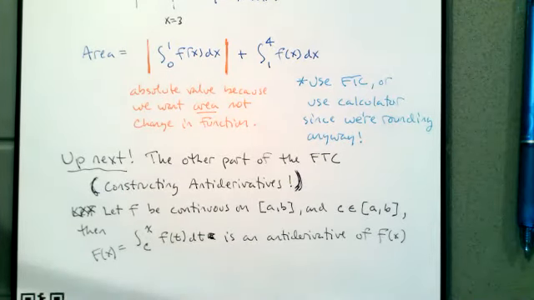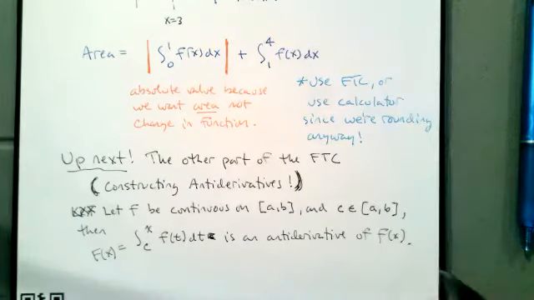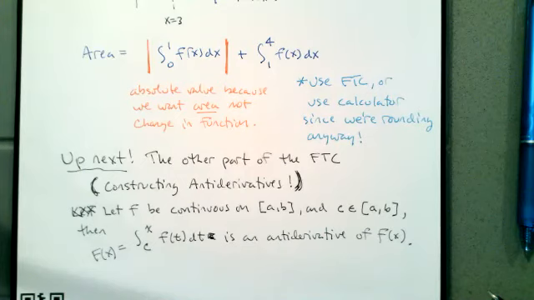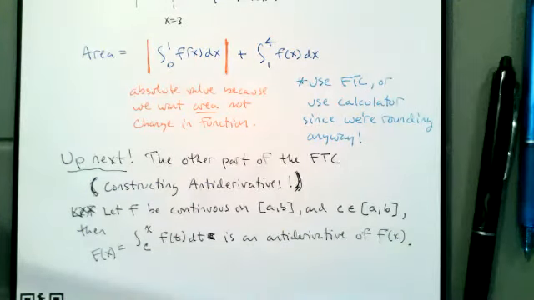I'm not sure I'm a big fan of using the capital to denote the antiderivative, but the important part is that if we define capital F to be this function, the definite integral from any point to x of f of t dt, we will get an antiderivative of f of x. So what we are doing is constructing an antiderivative using the definite integral. That's the big deal here.